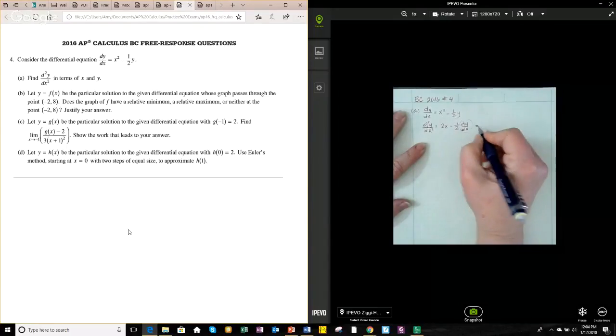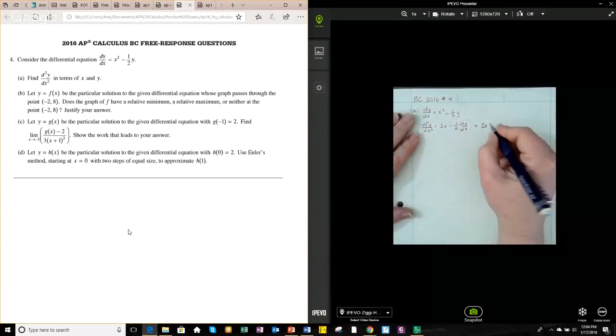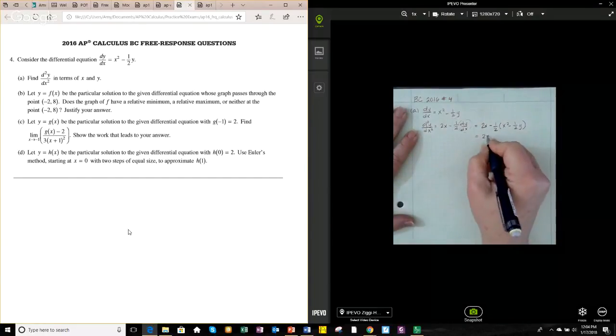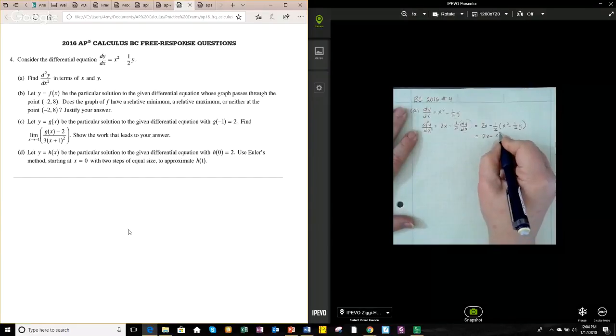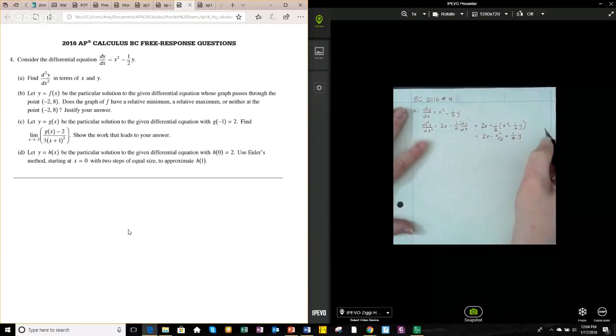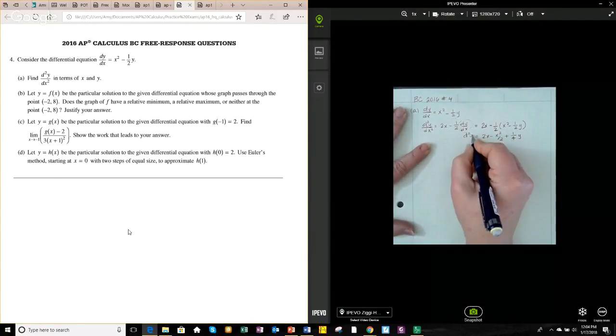So I can rewrite this as 2x minus 1/2 times (x squared minus 1/2 y). And we can simplify that. And that'll be 2x minus x squared over 2 plus 1/4 y. And that's the second derivative with respect to x. That's part A.